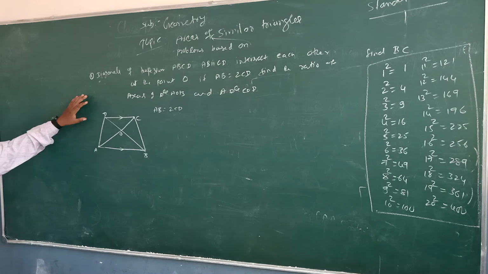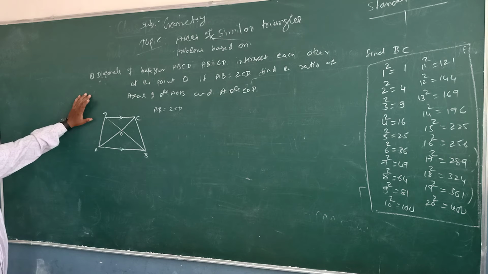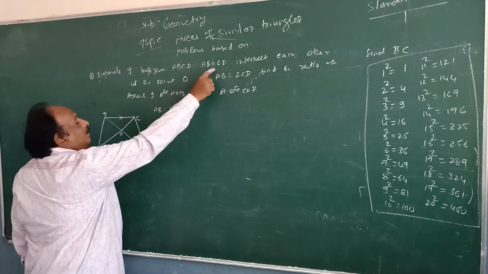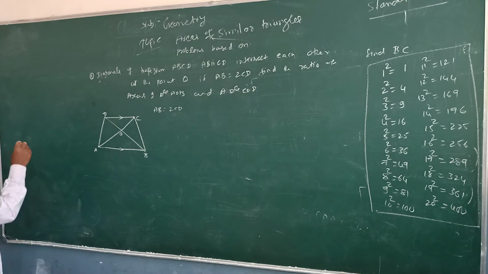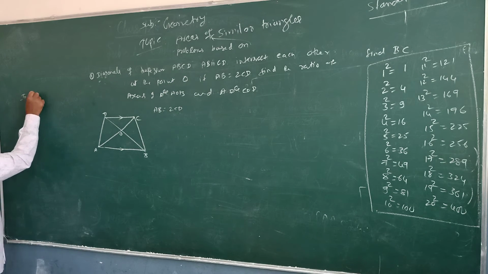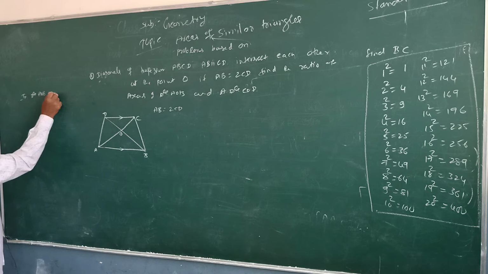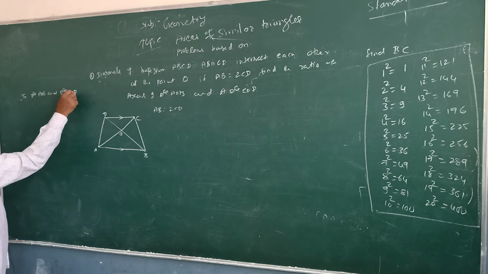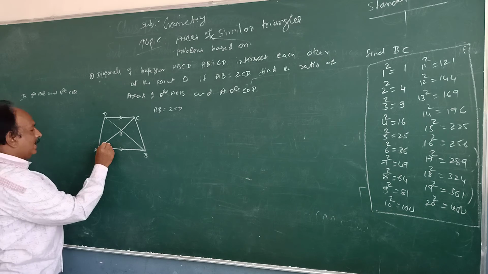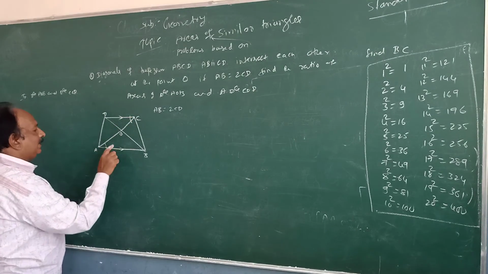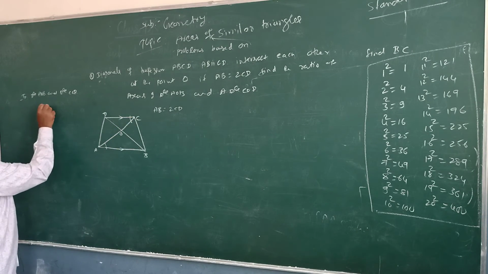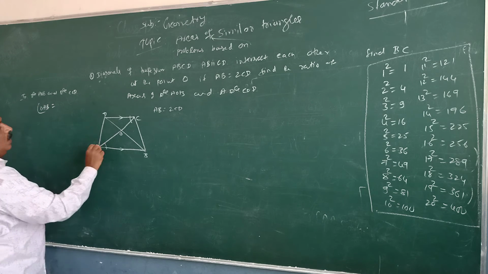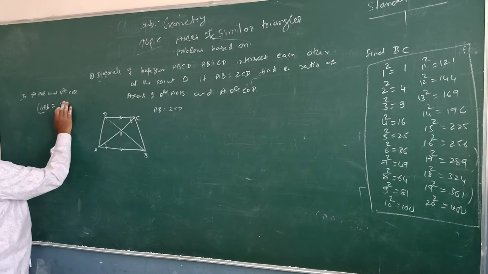Before going to solve this problem, first we are going to prove this. The hint is given, AB parallel to CD. In triangle AOB and triangle COD, where there is a parallel line, there must be alternate angles. Angle OAB is equal to angle OCD.